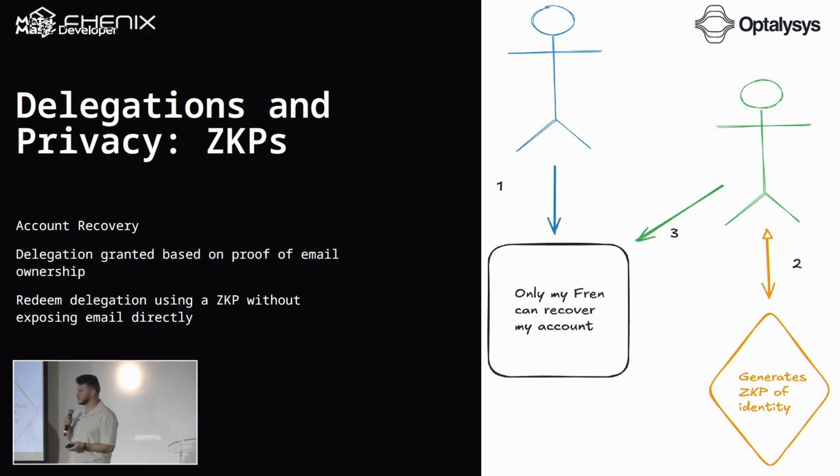No one knows what the actual email address is, but they privately prove that they have this email address, and now that person with the email address can recover this user's account, essentially, or act on their behalf, right? And we can do that through the delegation framework.